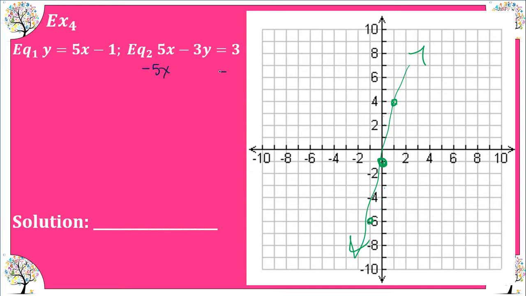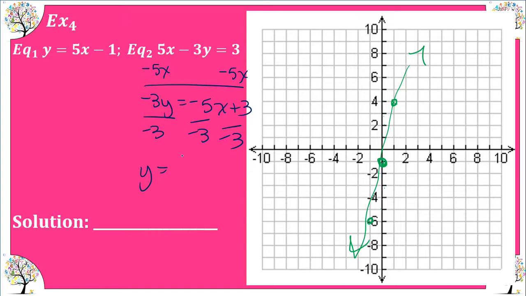Minus 5x, minus 5x. We have negative 3y is equal to negative 5x plus 3. We divide by negative 3. And we get y equals, this is going to cancel out the negative, so 5/3x minus 1. We're going to start at 0. Look, their starting points are going to be the common point, the intersection.